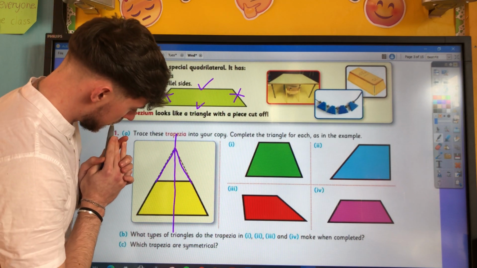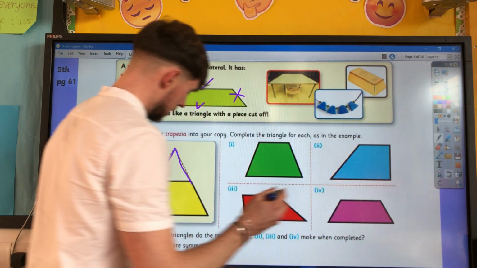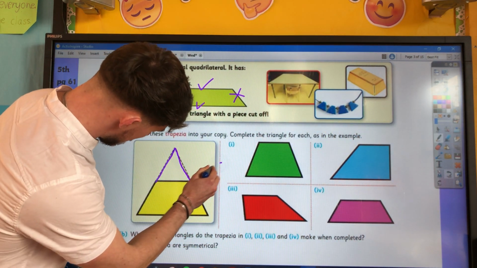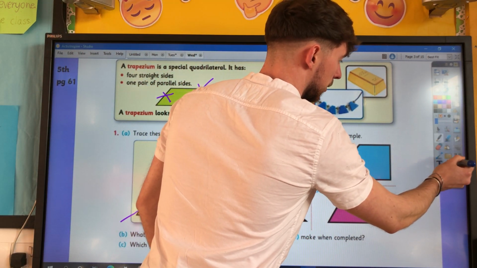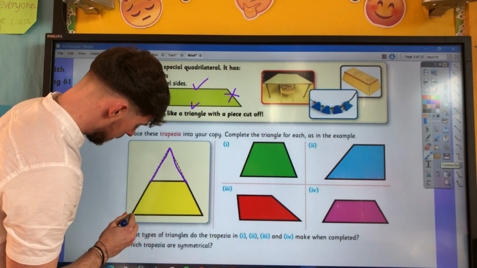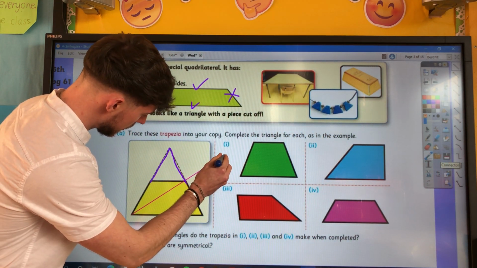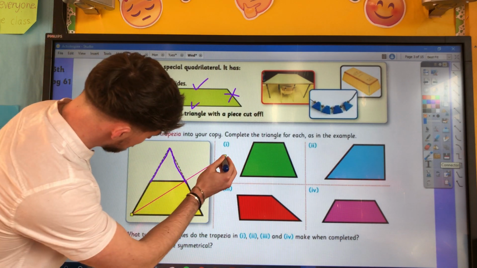Yes, it would, wouldn't it? So that is a line of symmetry. I can also go this way. If I cut it, oh, my line's a bit off there. I might do the actual line. Okay. So if I do this, put my line there, is that symmetrical? Oh, a bit off.